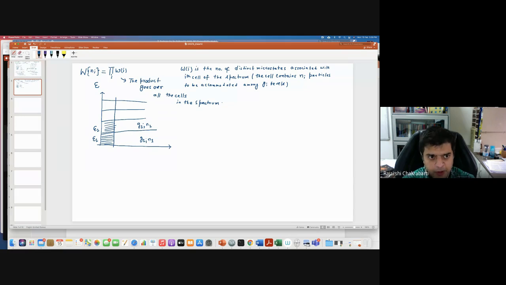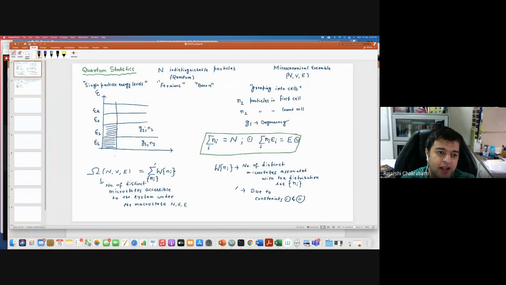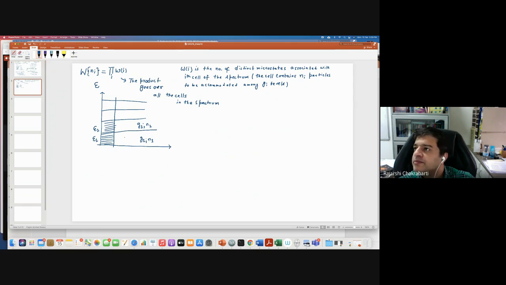If I give you this picture, you divide the total W into a product of small w's. And the earlier picture is that I have this picture, but I have several of these pictures. In that case, the omega will be a sum of all those several pictures. You understand? Here it is a sum, but here it is a product. For a given distribution, it is a product because you have divided into cells.